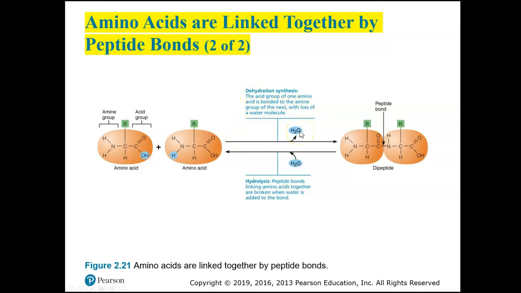A water is removed, and you have a dipeptide. Very similar to when we saw 2 monosaccharides joined to form a disaccharide. When the dipeptide breaks apart, it's called hydrolysis, and water is required. You have to add a water, a hydrogen from the water and then an OH from the water, to split that dipeptide up into 2 amino acids.